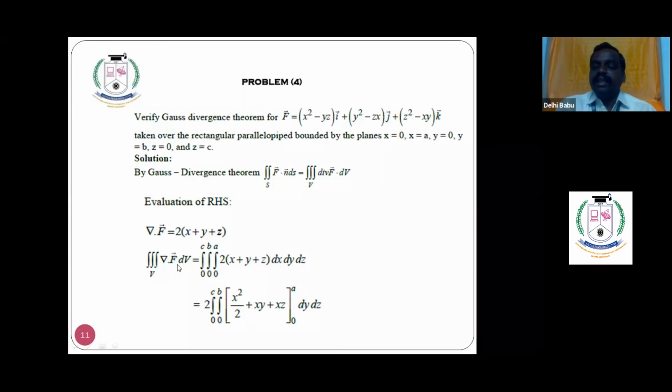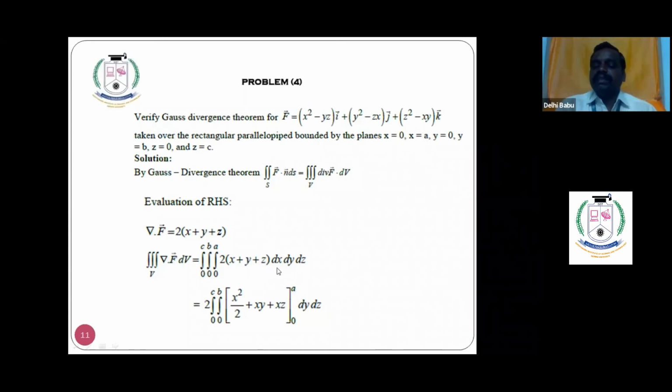And then we need the limits. dV is dx dy dz, so it is three-dimensional. Here, as given, x runs from 0 to a, y is 0 to b, and z is 0 to c. So I will put it here.